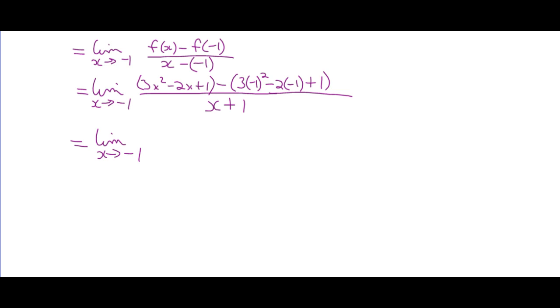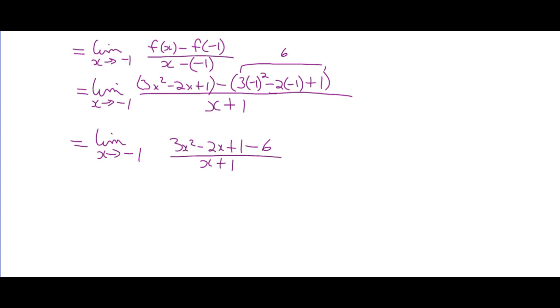So let's expand this. Let's work this out. So what's this work out to? What do we got? 3 plus 2 is 5 plus 1 is 6, right? So that's 6. Okay, so removing brackets, we're going to get 3x squared minus 2x plus 1 minus 6 over x plus 1.